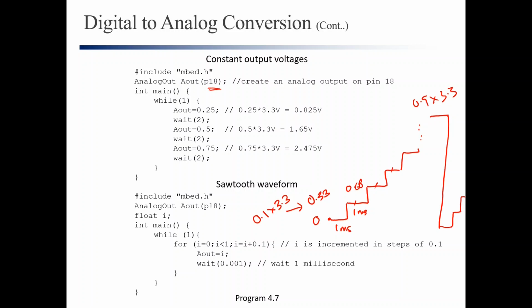So this is the sawtooth waveform. Now let's run this and see the output on the oscilloscope.